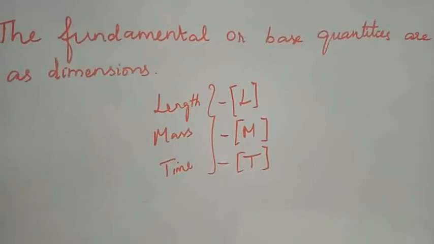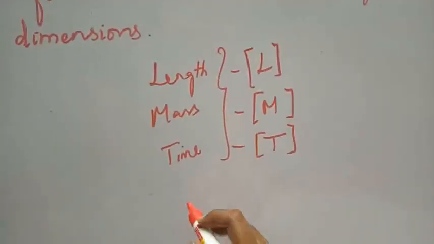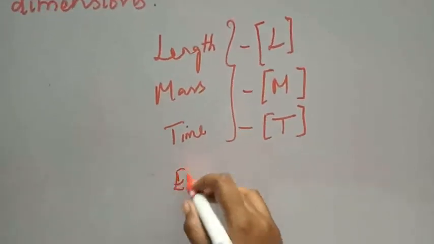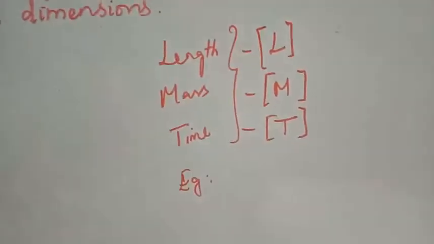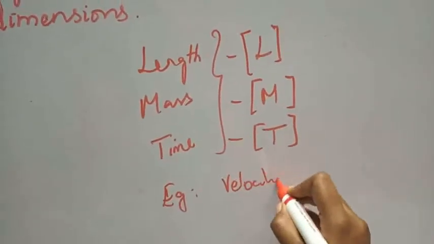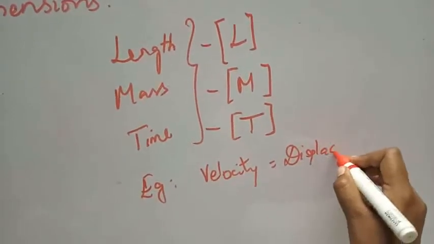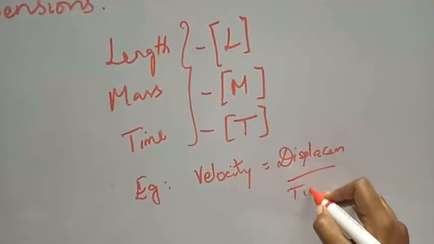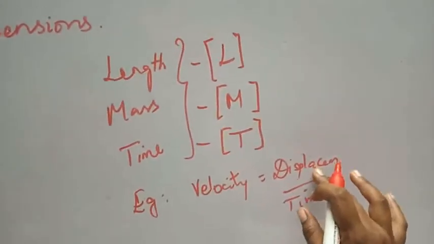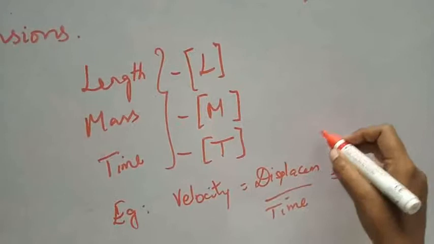To understand that, let me have an example: velocity. For velocity, we know that the formula is displacement by time. Displacement is again nothing but the shortest length.